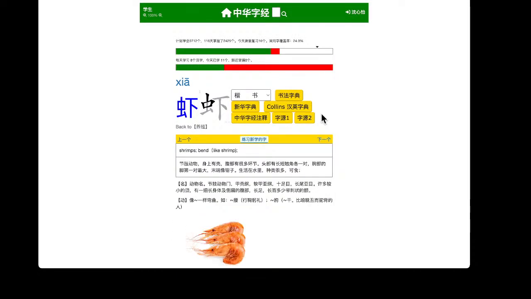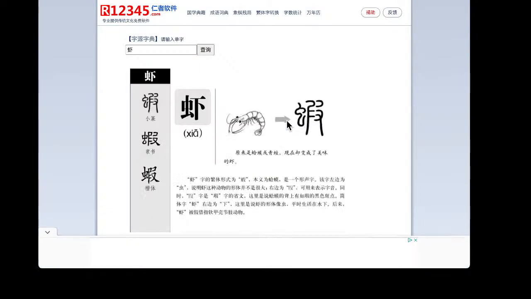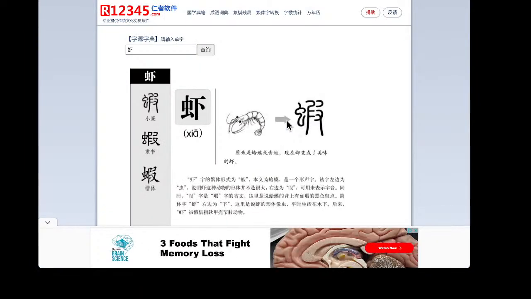Xia. Xia is shrimp, and it can also be used as a verb to mean bend like a shrimp. On the left is a little bug, on the right is xia, which is down. This is for the sound. However, it's only the simplified form that looks like this.